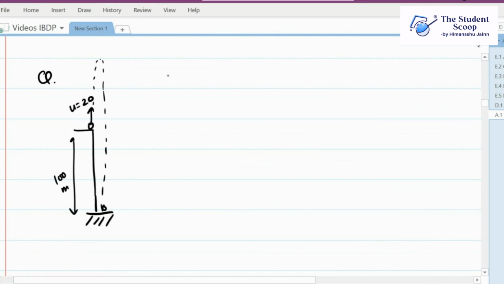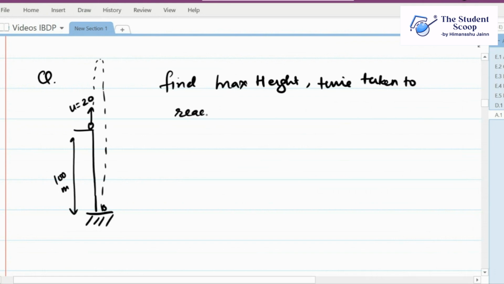Now the question here is to find the max height, then the time taken to reach the bottom, and the velocity at the bottom.